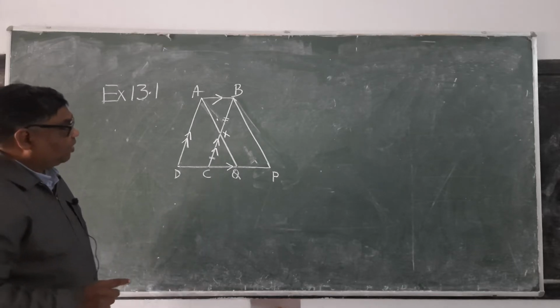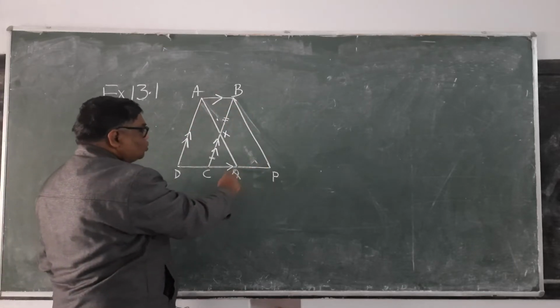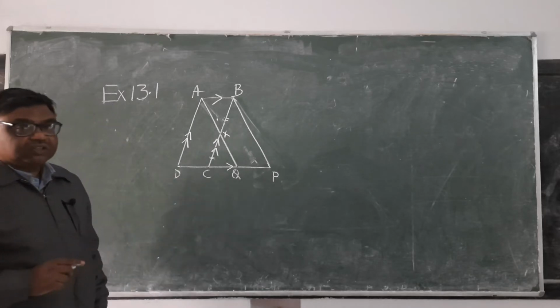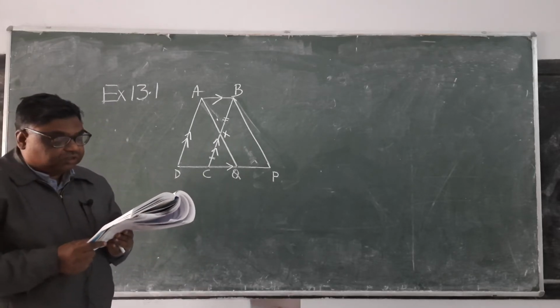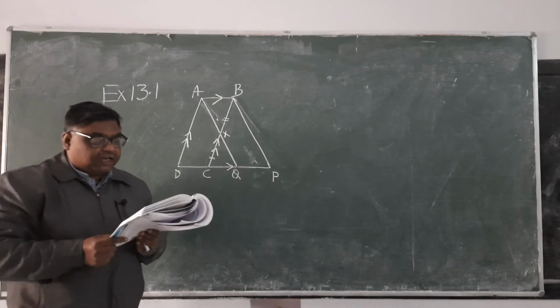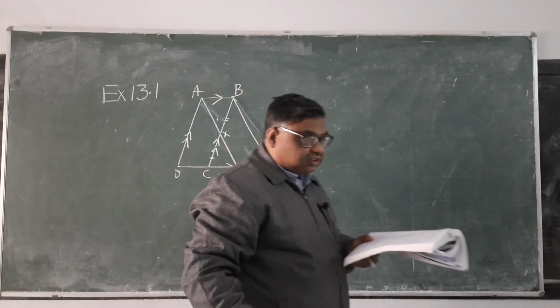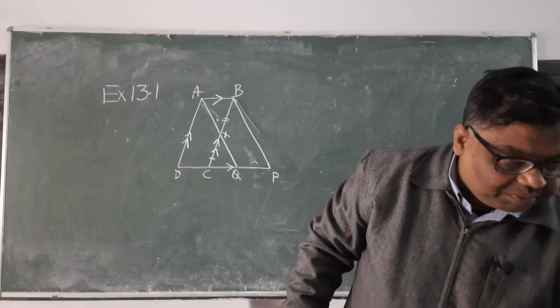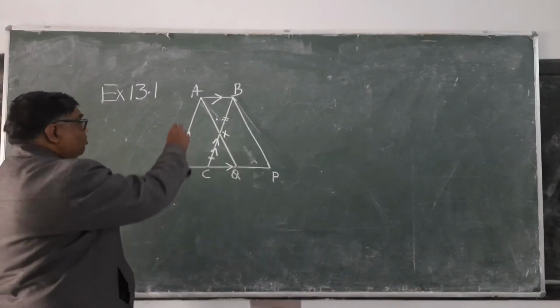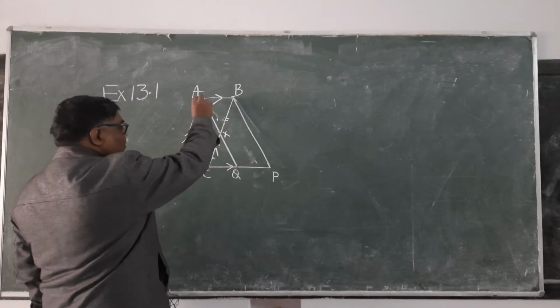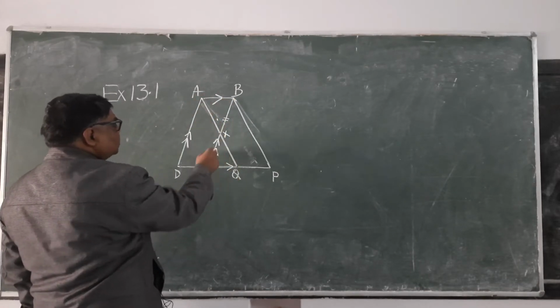Means here it is given ABPQ is also a parallelogram. In the question it is given. Prove that triangle ABX and QCX are congruent. ABX is this and QCX is this.